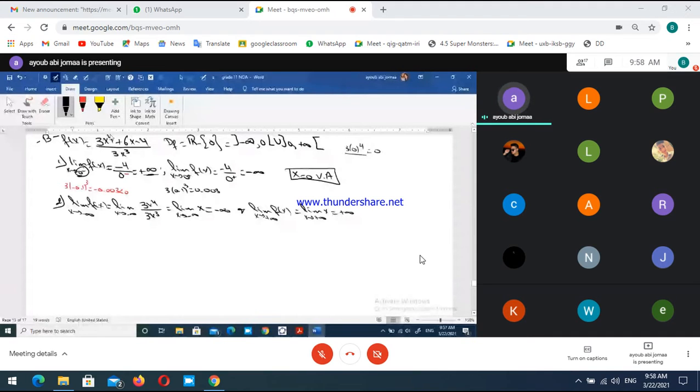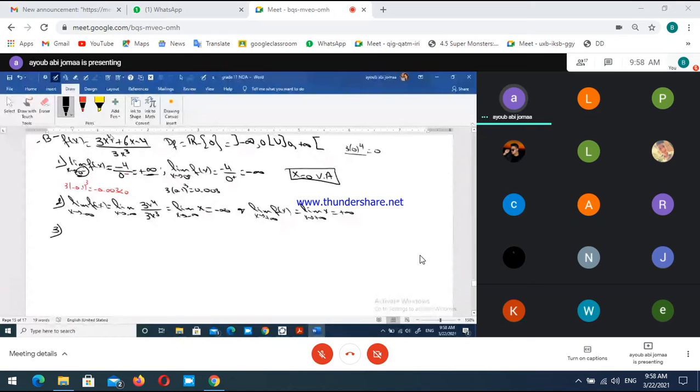Simplify, you get x, then negative infinity and here positive infinity. We have an oblique asymptote for one reason, as I mentioned last time: the degree of the numerator is one more than the degree of the denominator. This is 4, this is 3. If the numerator is one more, then we have an oblique asymptote. For example degree 1 over degree 2 would not, but degree 2 over degree 1 would.